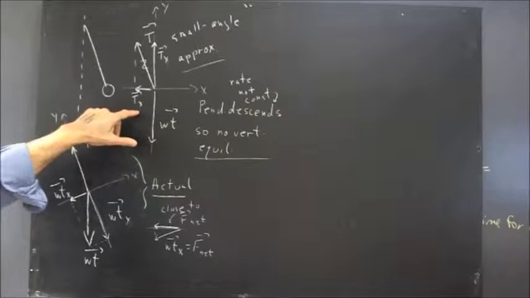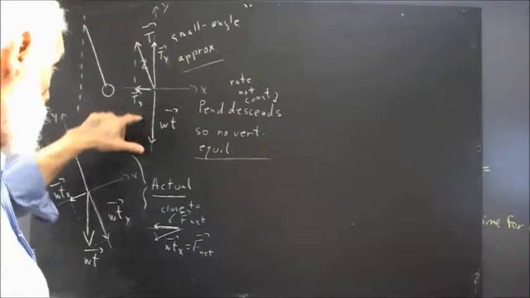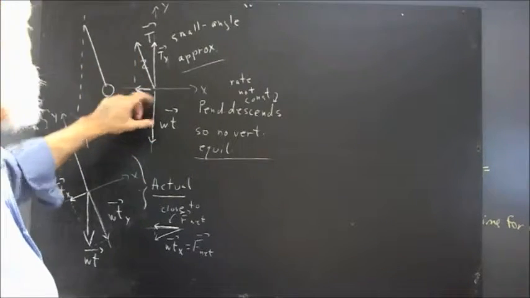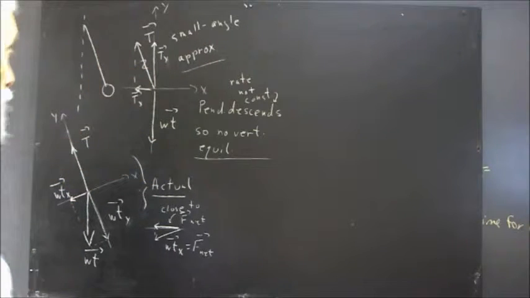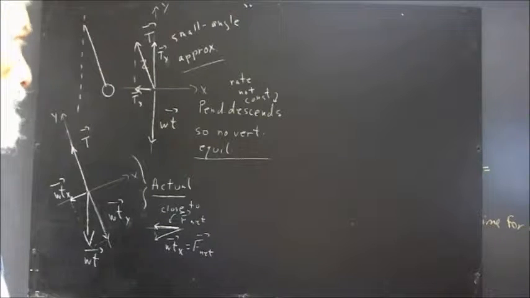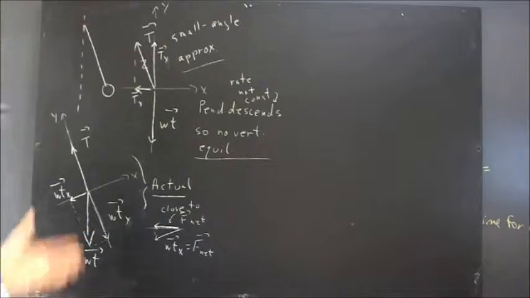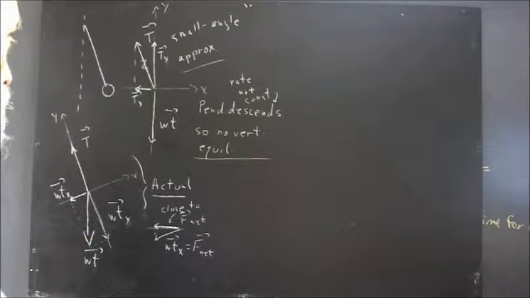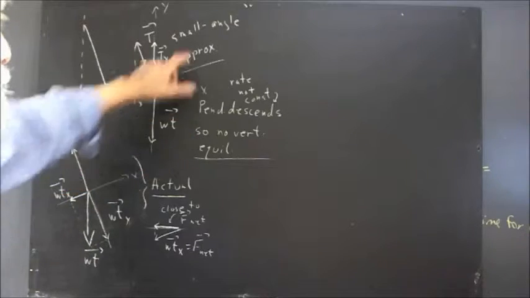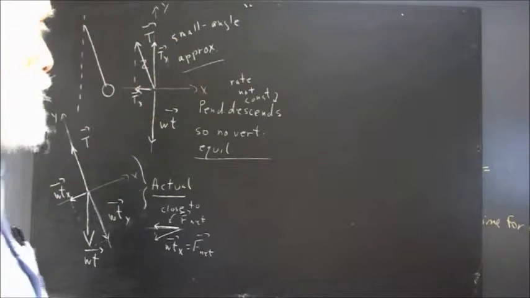And then the Tx is just this component of the tension, which is related to the weight in the obvious manner. And we get a nice, neat, and easy model that we can use to analyze the motion of the pendulum for small angles.